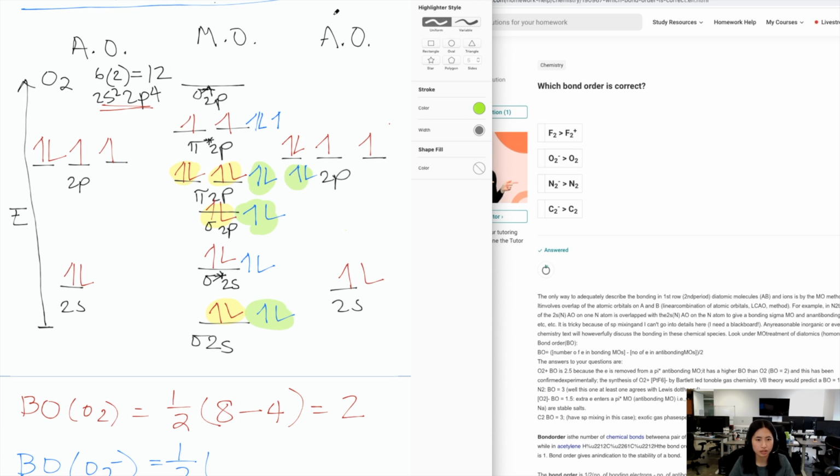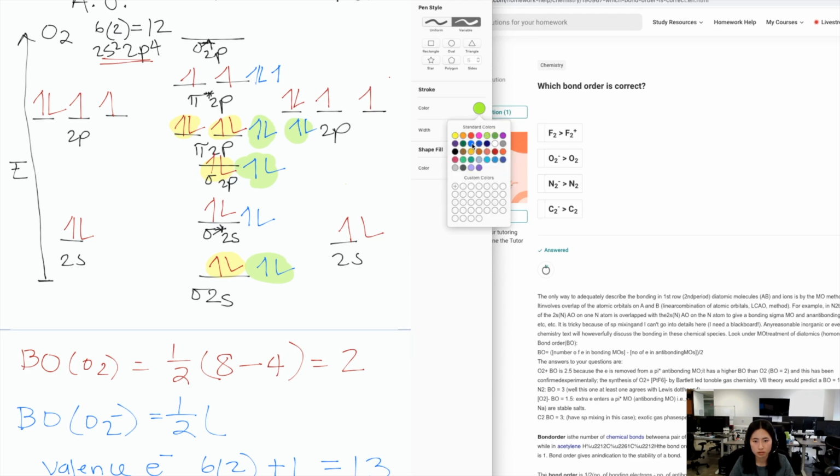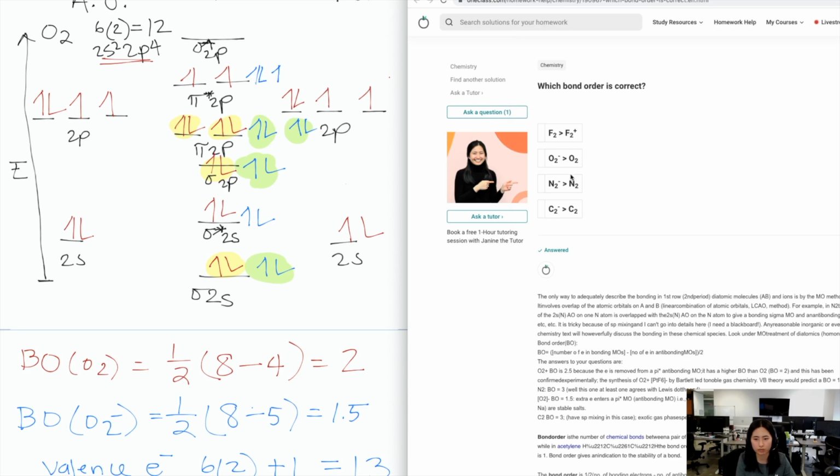So you have 8 electrons in your bonding orbital. And then for anti, that means anything that is in blue pen but it's not highlighted. So you have 2, 4, and then you have 5, right? So again, this is 1.5 because it's 8 minus 5, which is 3, times 1/2, that's 1.5. So comparing O2 and O2 minus in terms of the bond order, O2 is greater compared to O2 minus. So this should be the other way around, right?